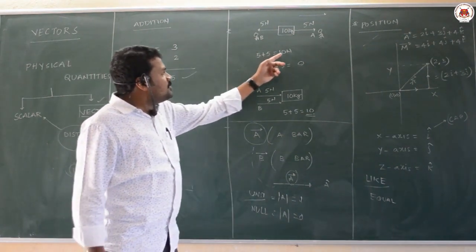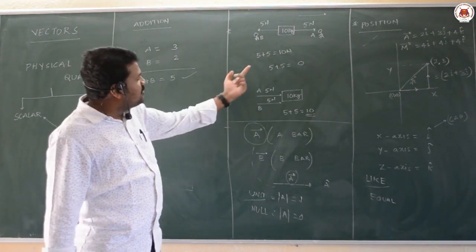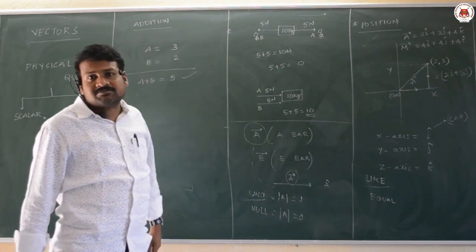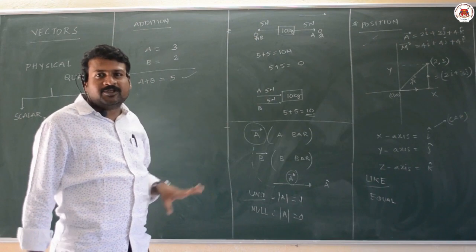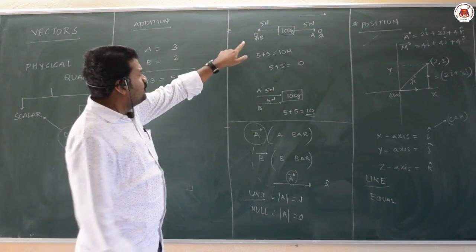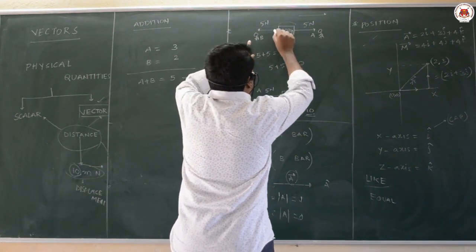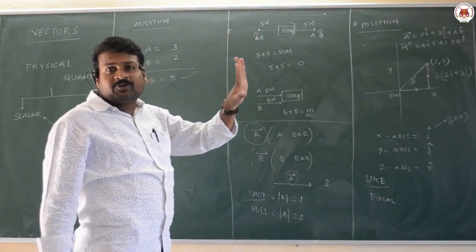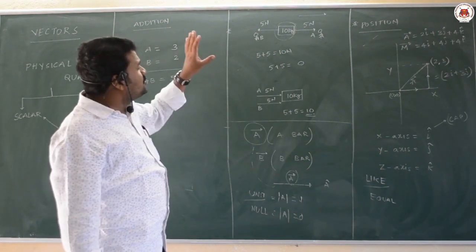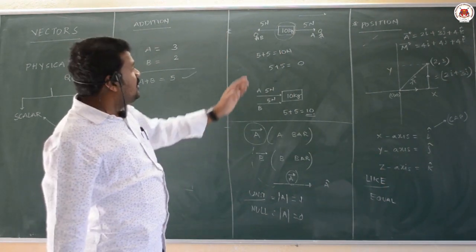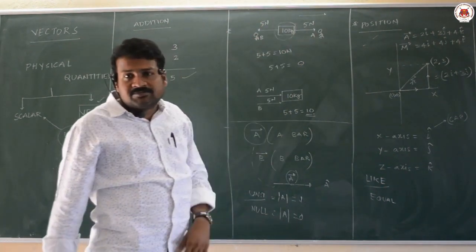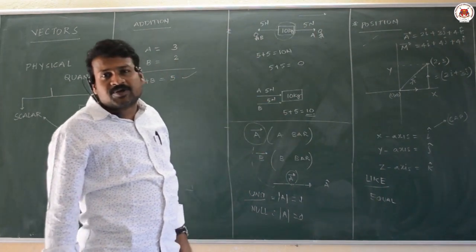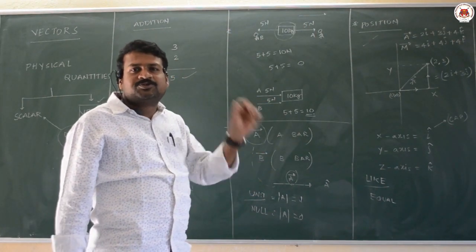5 plus 5 is equal to 10. Again the same 5 plus 5, I got 0. What does this mean? I am adding only. But when two persons are pulling a body in different directions, the body is not moving. Not moving means, according to Newton, the force is 0, but two fellows are applying force here. A is applying on this side, B on this side, but the body is at rest. According to Newton, if the body is at rest, the net force should be 0.